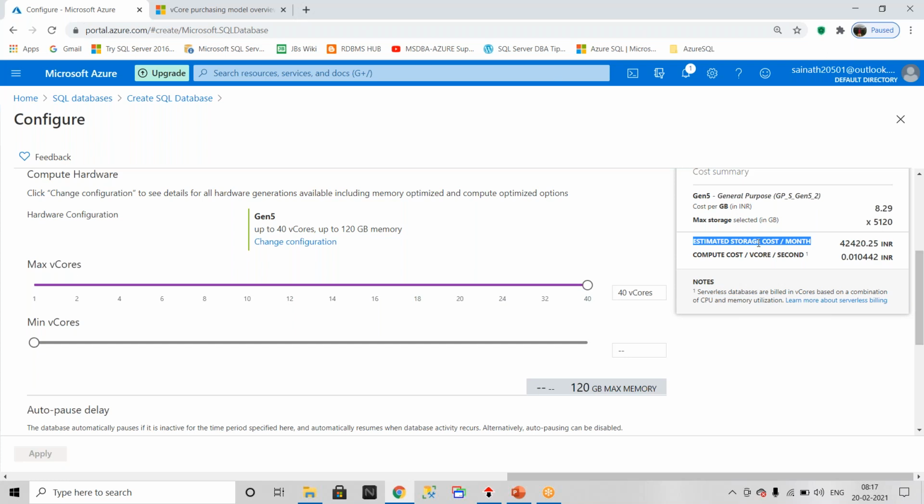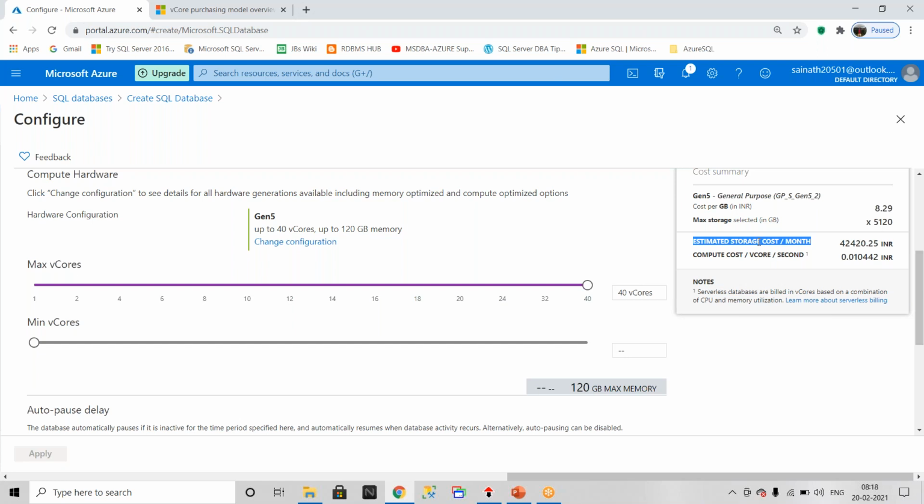Microsoft is not charging for your vCore or your RAM while paused; it is charged per second. But when you go for storage, Microsoft is charging around 42,000 per month for 4 terabytes. Getting it?